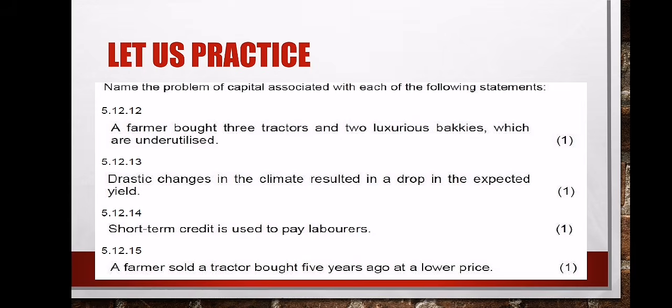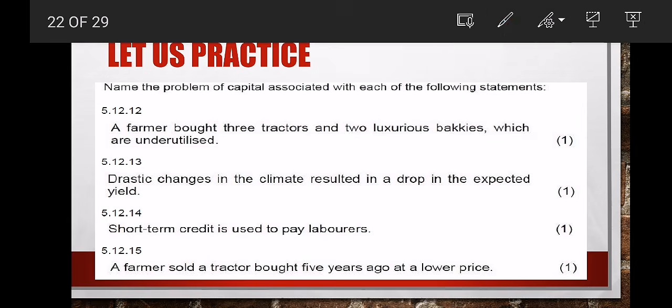Name the problem of capital associated with each of the following statements. Number 5.12.12. A farmer bought 3 tractors and 2 luxurious bakkies, which are underutilized. What is happening with these bakkies?